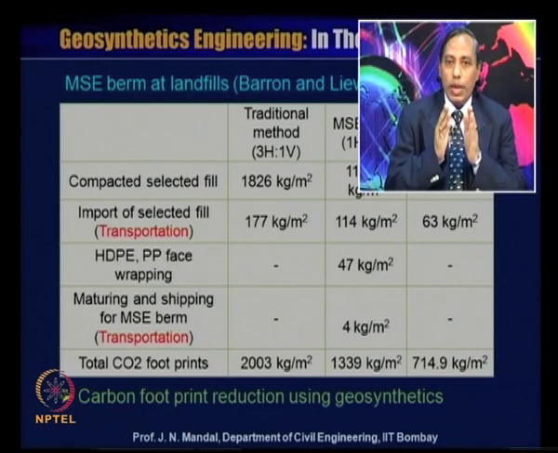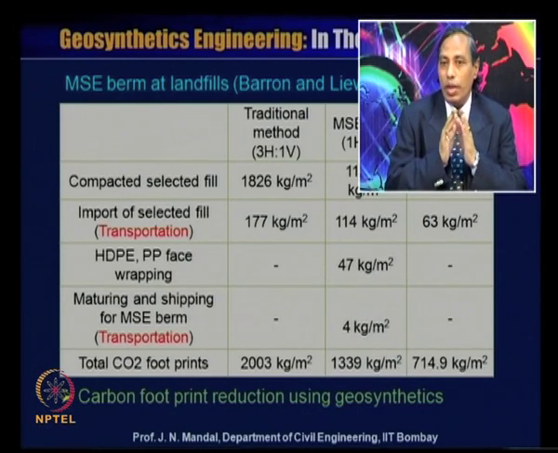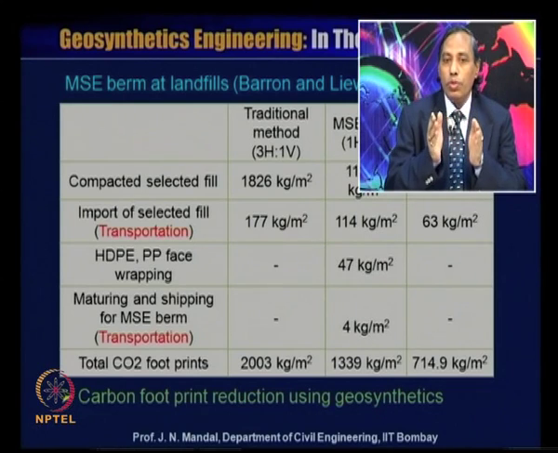Whereas, if you use mechanically stabilized earth berm with 1 horizontal to 2 vertical, it is 1339 kg per meter square. So you are saving about 714.9 kg per meter square. You look at how the carbon footprint is reduced when you use the geosynthetics material.